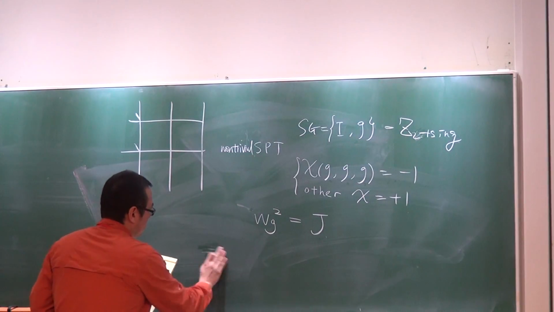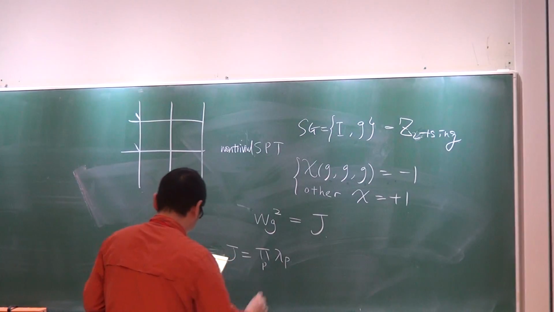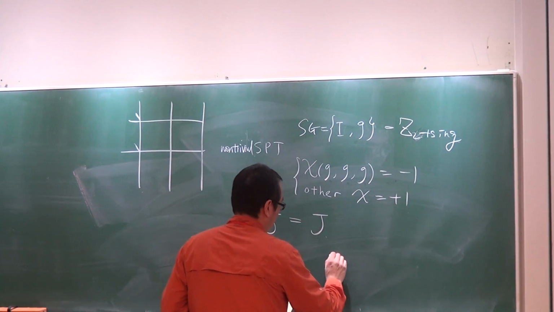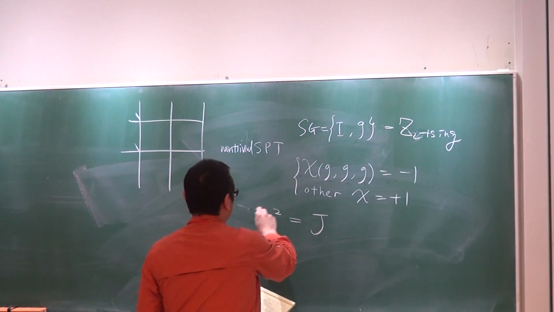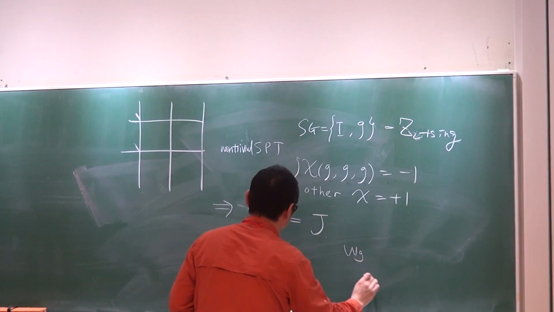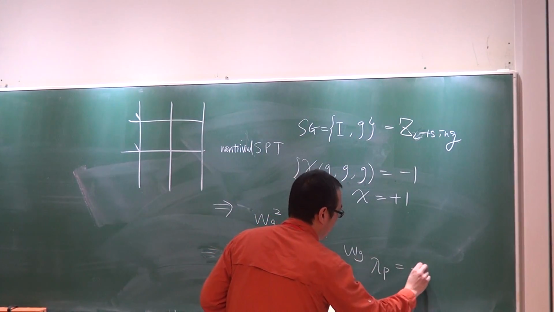And you want this J to be a product of these lambdas. And it turned out that to realize this, what you actually require is this WG acting on this lambda t equals minus lambda.